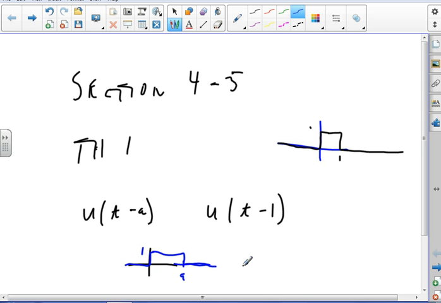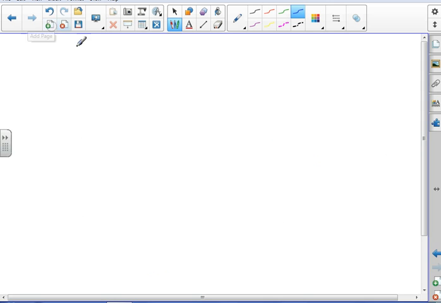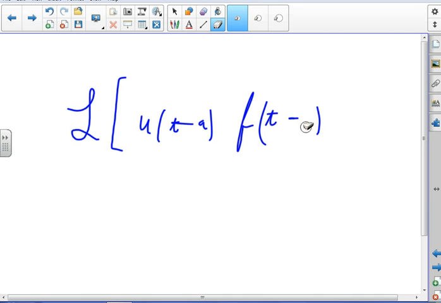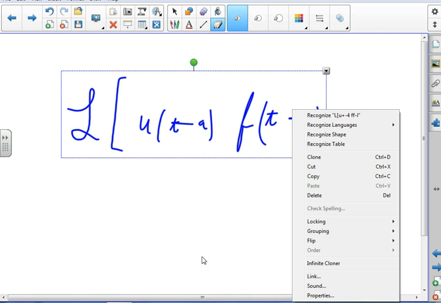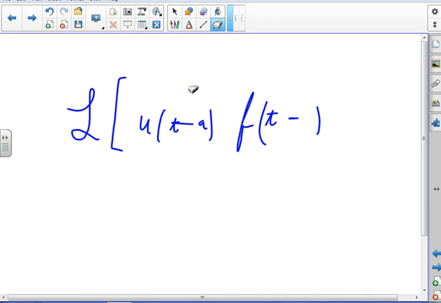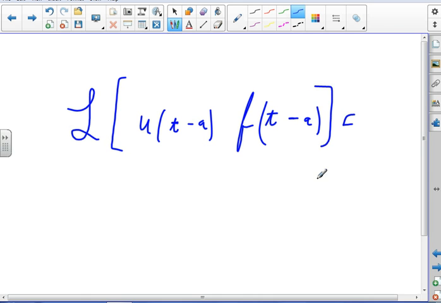For whatever reason, and I can't think of any good reason to do this except being in section 4-5, the Laplace transform of the unit step function u of t minus a times f of t minus a ends up being e to the minus as times F of s.